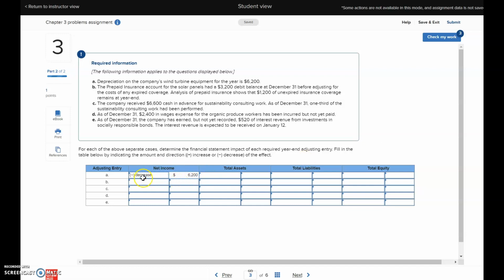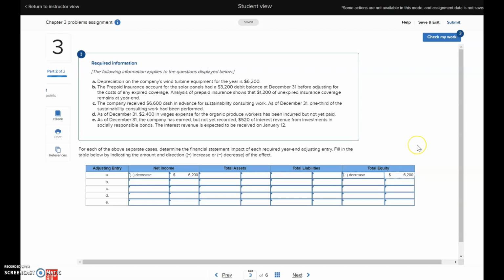And since net income is changing, that means retained earnings is changing. So your total equity is going to change the same way net income changed, right? Because net income gets added to the beginning retained earnings balance to get the ending retained earnings balance. So this is also going to be decreasing by $6,200. Okay.